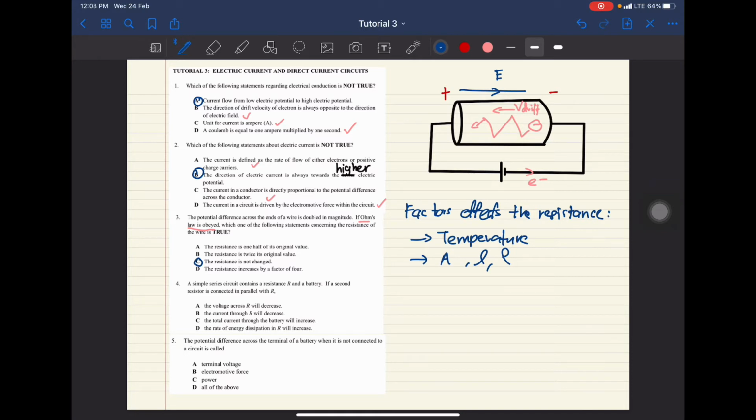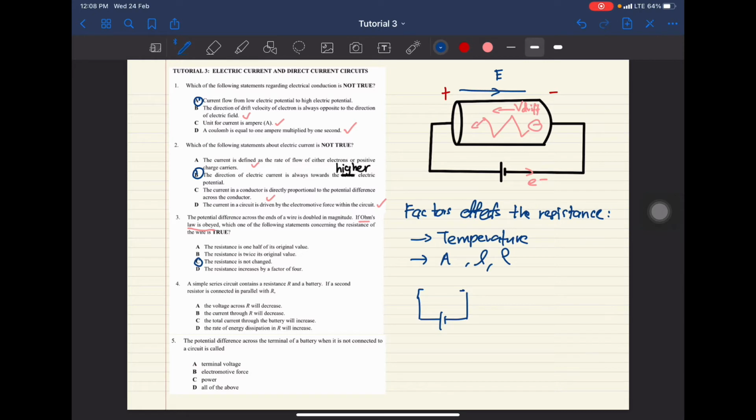Okay, next question, question number 4. A simple series circuit contains a resistor R and a battery. If a second resistor is connected in parallel with R, what will happen? Initially it is like this, but now it is connected to one more resistor.